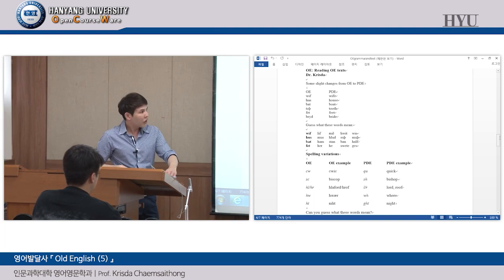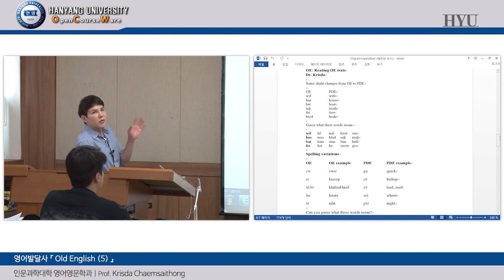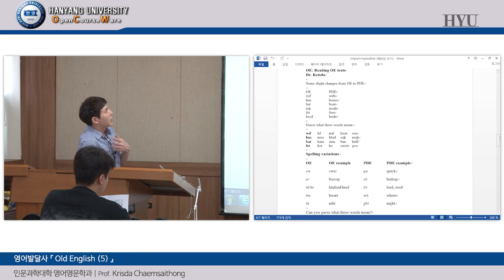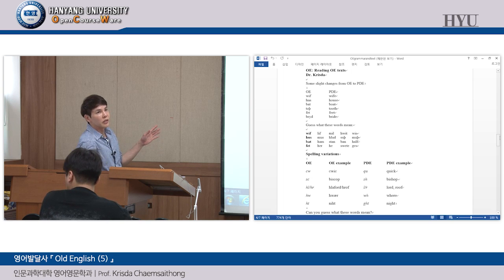So before you can read Old English, I need to give you some tips. As you know, there will be some slight changes from Old English to present-day English, right? In terms of spelling and pronunciation, even though we have not covered every single change, you should be able to guess at this point.